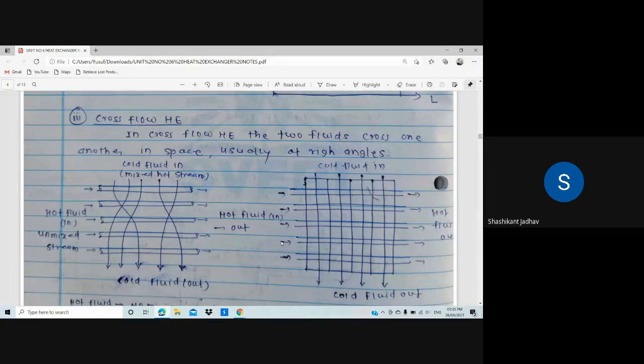Okay, so in parallel flow heat exchanger the two fluid streams travel in the same direction. दोन्ही फ्लुइड जर एकाच डायरेक्शनला मूव्ह होत असतील तर that type of heat exchanger is nothing but parallel flow heat exchanger.